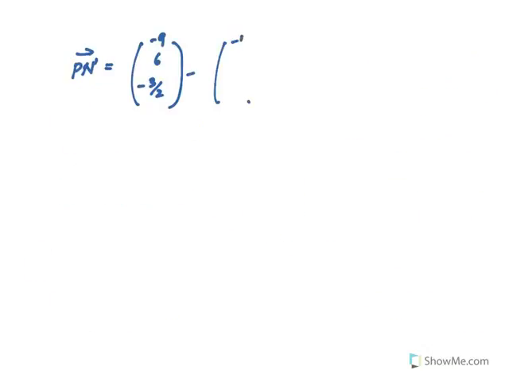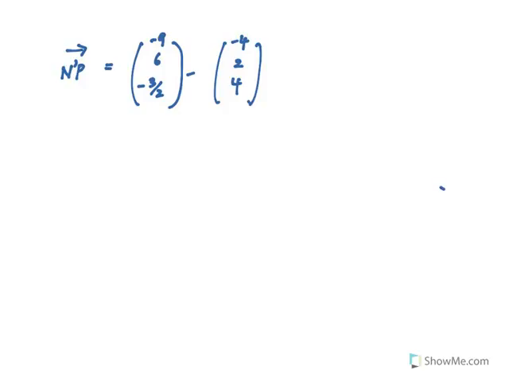Oh, sorry, I'm actually not finding Pn prime. I'm finding n prime p. So it's OP minus ON prime.